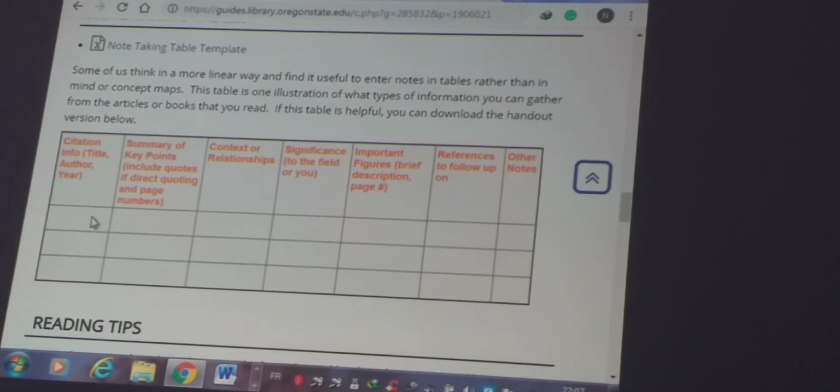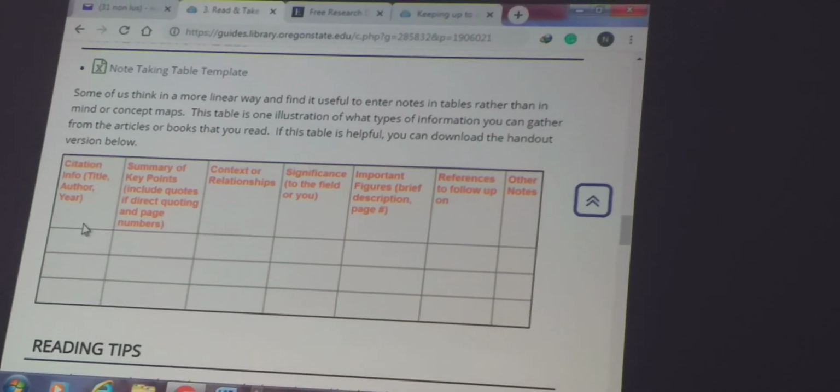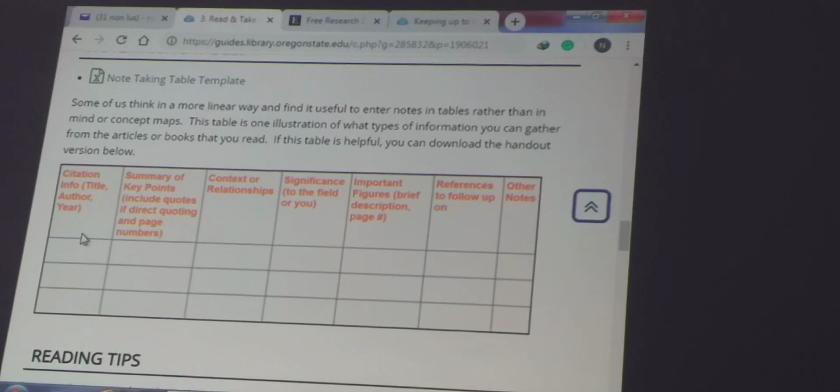So you can draw a table, whether in your notebook or in your document folder.